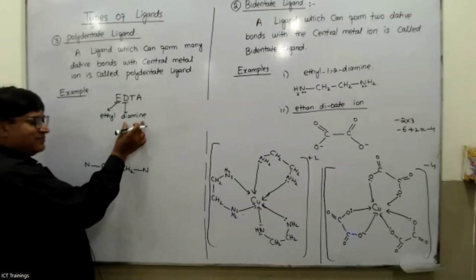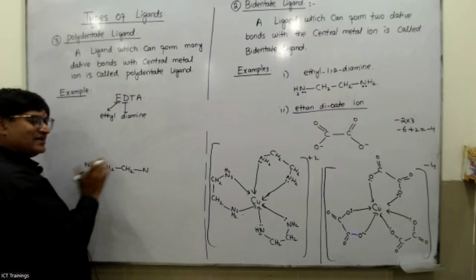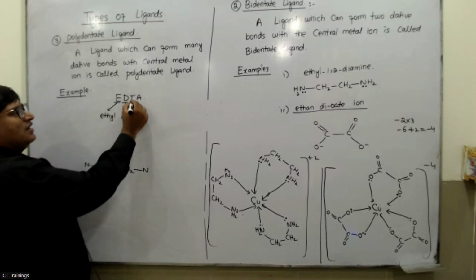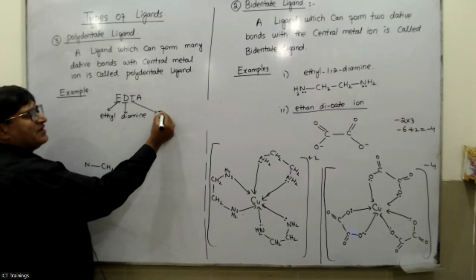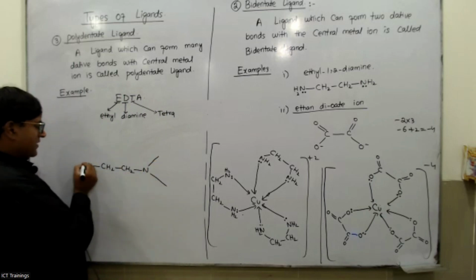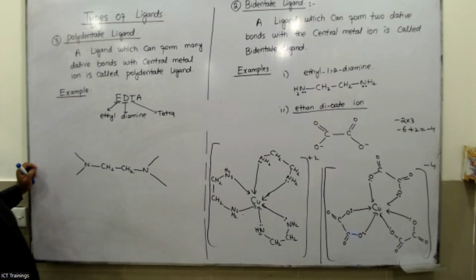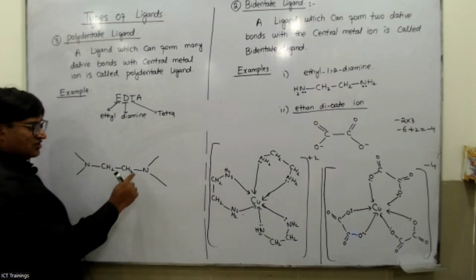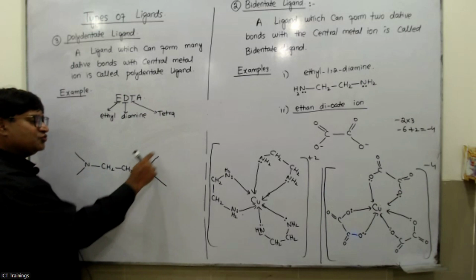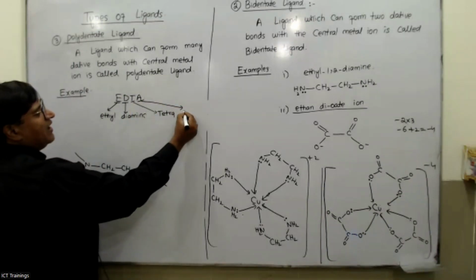Okay, so D for diamine. Ethyl diamine means that the nitrogen is attached with them. The T word comes from tetra, meaning four, so the two up here and two up here. You know that nitrogen can form three bonds, so one bond is already made, so two bonds it has to make. So the A comes from acetate.